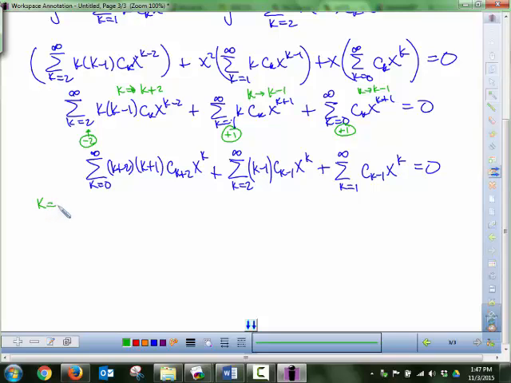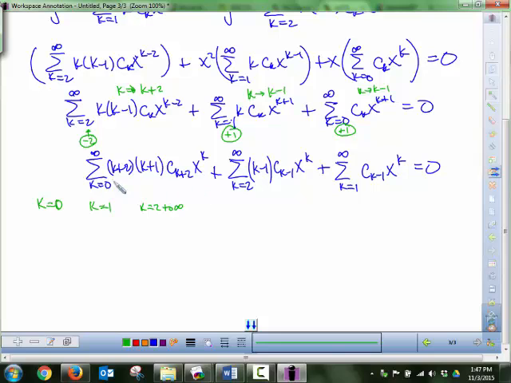Maybe I want to take out the term when k is equal to 0 and k is equal to 1 from the first sum separately, and then I'll start with k equal to 2, 2 to infinity. Sure, that'll work. What do I mean by that?